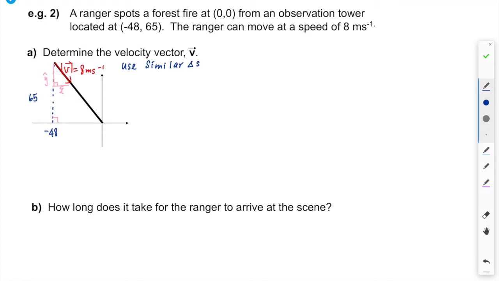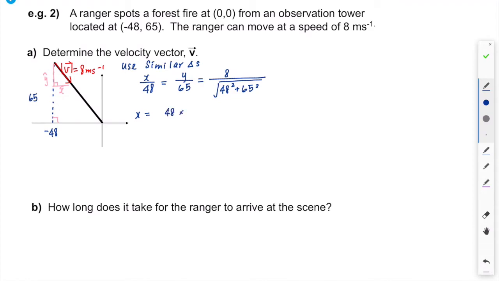I can compare the x component to 48, the y component to 65, and I can compare this actual speed to the hypotenuse of the larger triangle, which is the square root of 48 squared plus 65 squared.